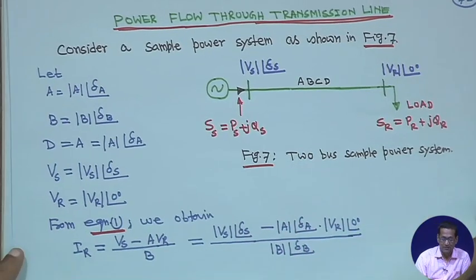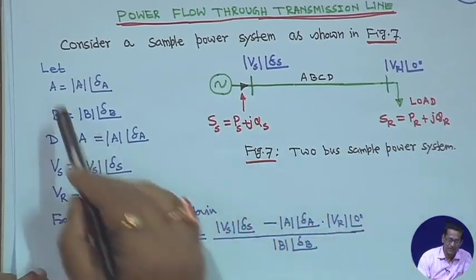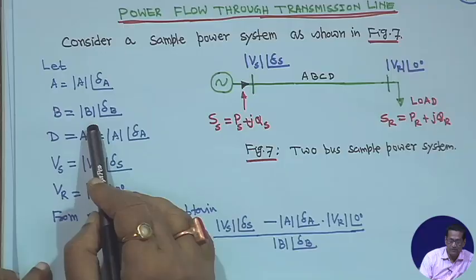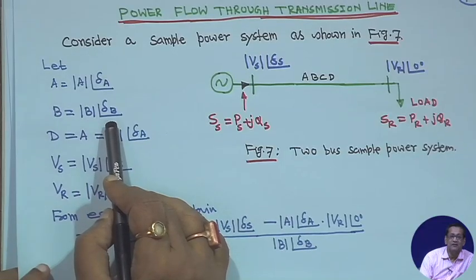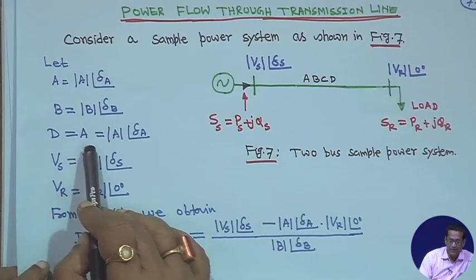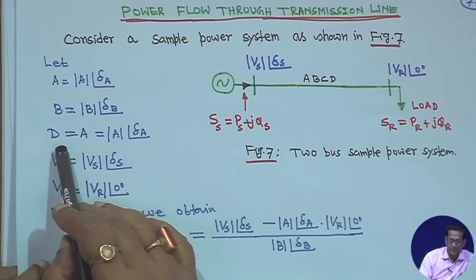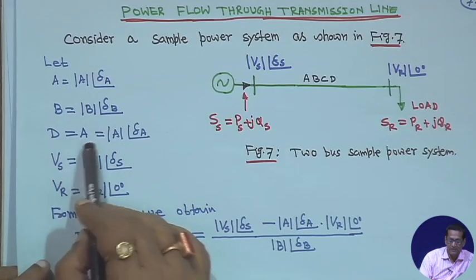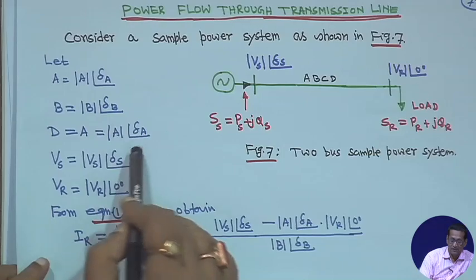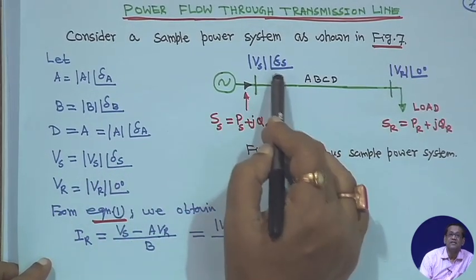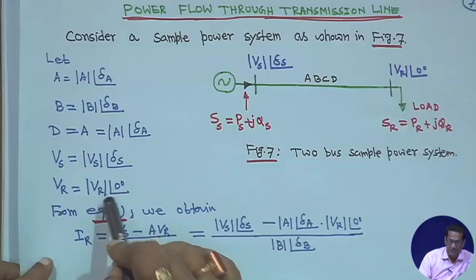We assume first that A is equal to magnitude A angle delta A, B is equal to magnitude B angle delta B, and D is equal to A, because throughout we will write A instead of D, since A is equal to D. Vs is equal to magnitude Vs angle delta s, Vr is equal to magnitude Vr angle 0.